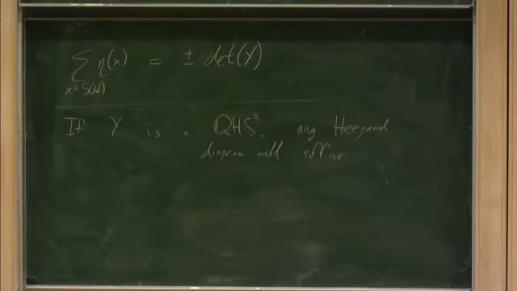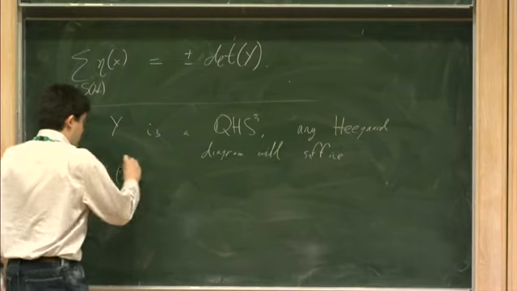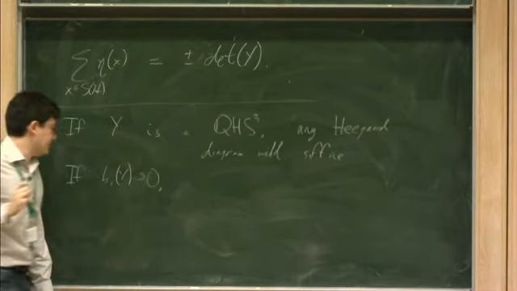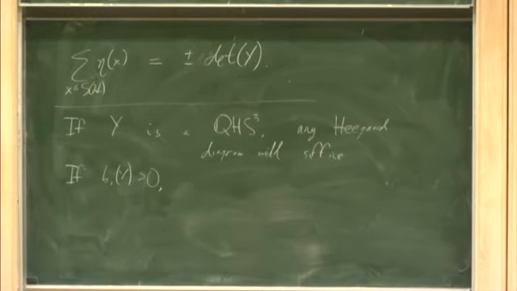If not, if b1 of Y is positive, we need to focus on a more restricted class of Heegaard diagrams that are called admissible.